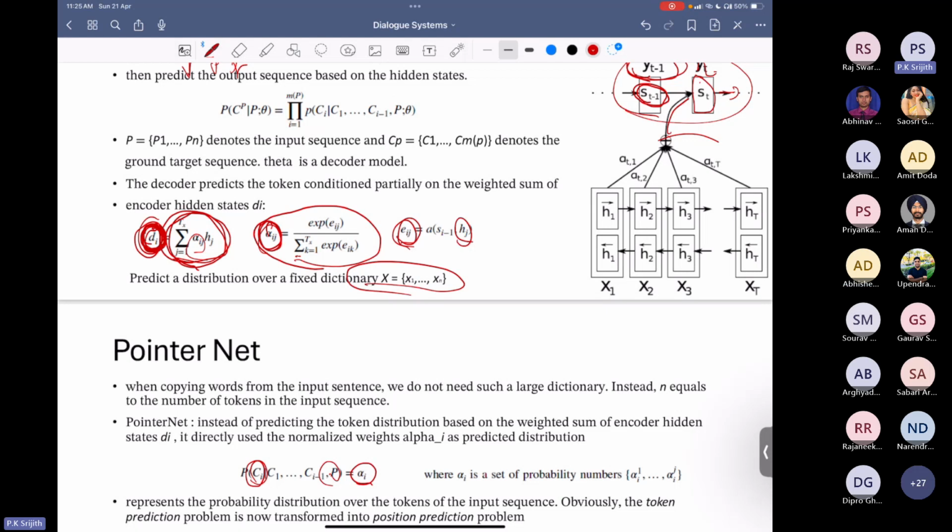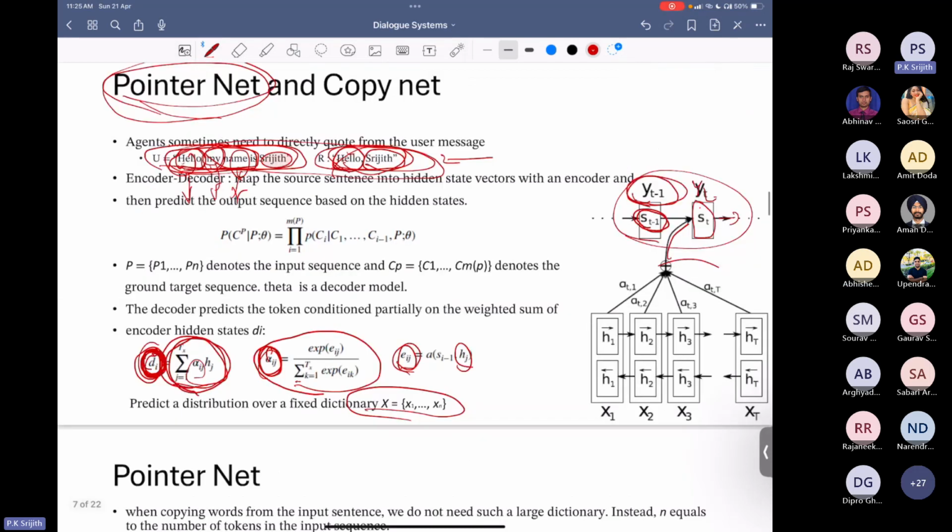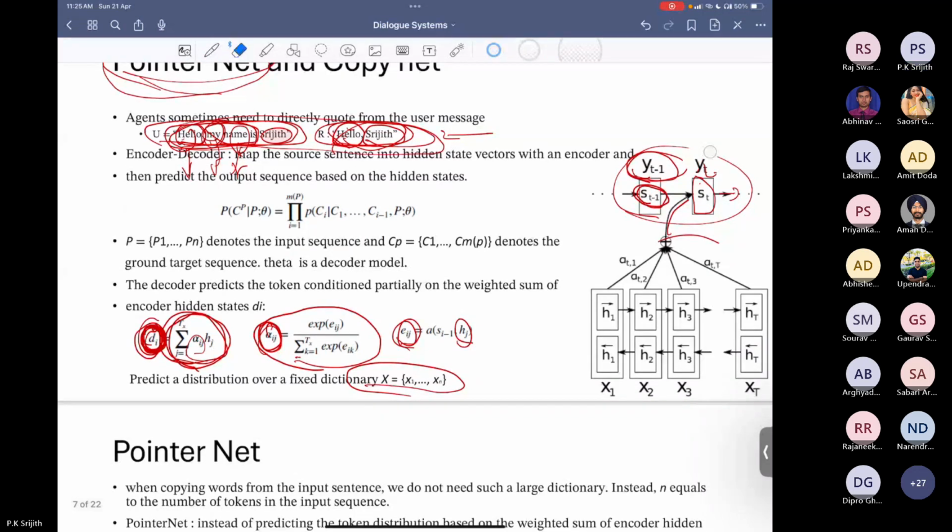Yes. So the probability distribution, the output P of yt that you are trying to predict here, the standard decoder. So this probability distribution over yt is over all possible words. Okay, so it is not only over the input words. When you look at all possible words, it is nothing but the vocabulary of the language that you are dealing with, let's say English, and it's going to be very, very large.